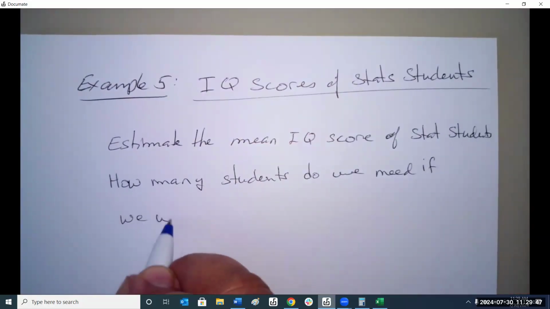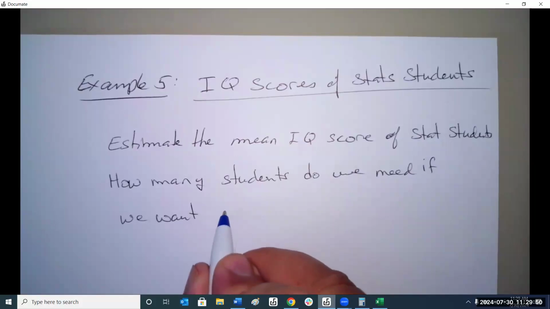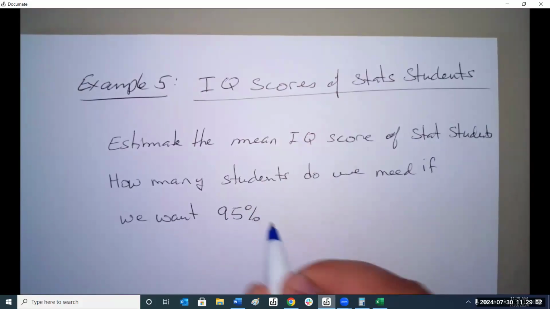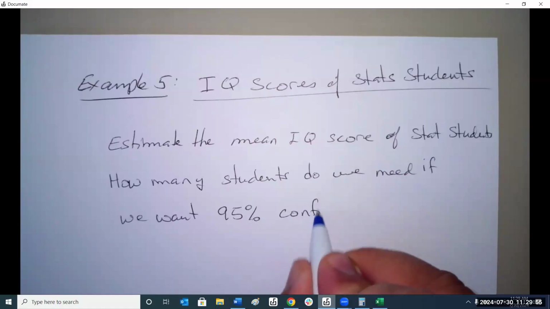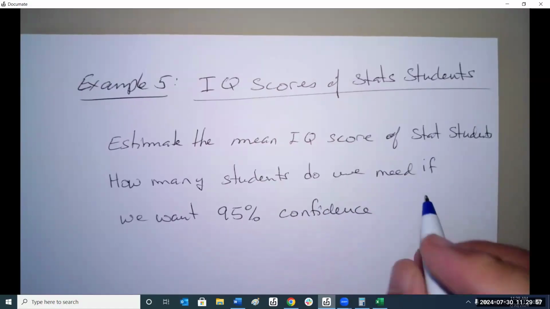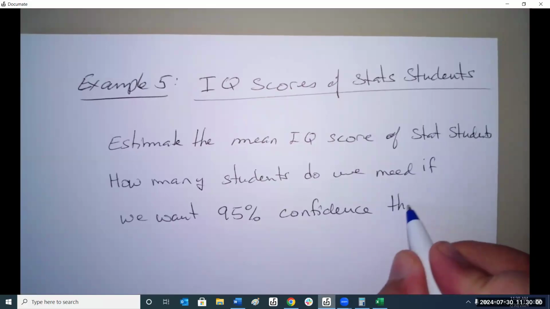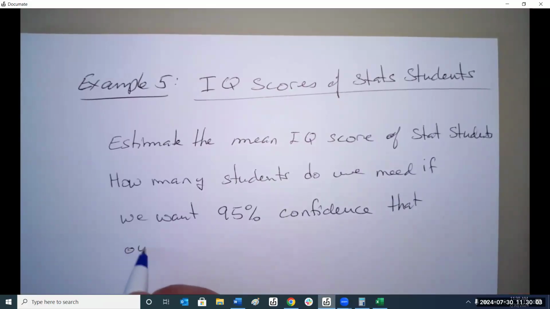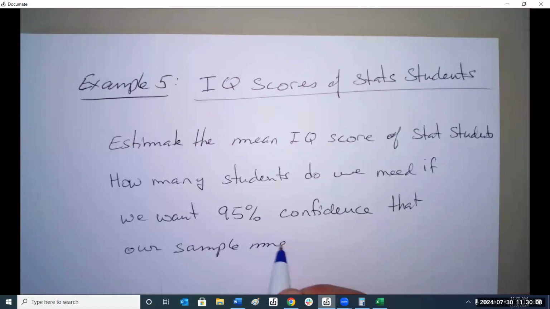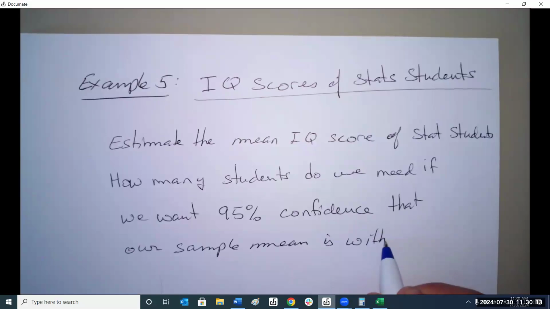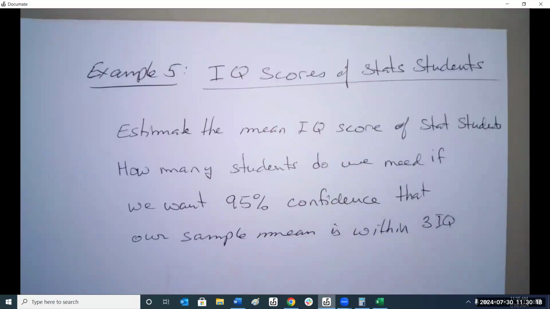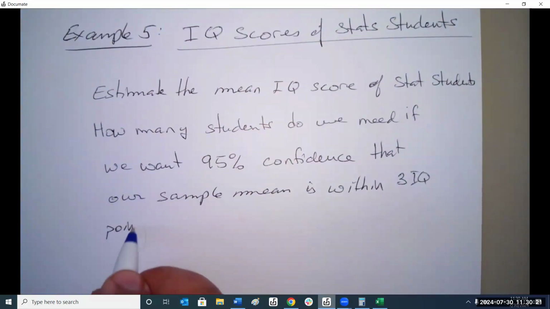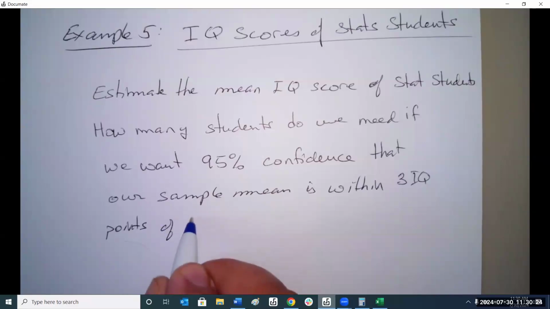if we want 95% confidence that our sample mean is within 3 IQ points of the population?